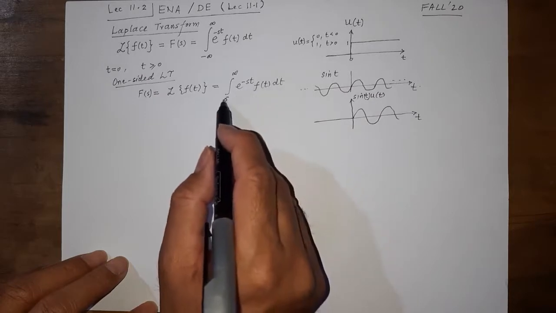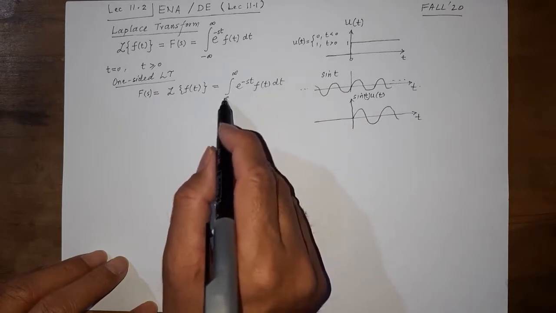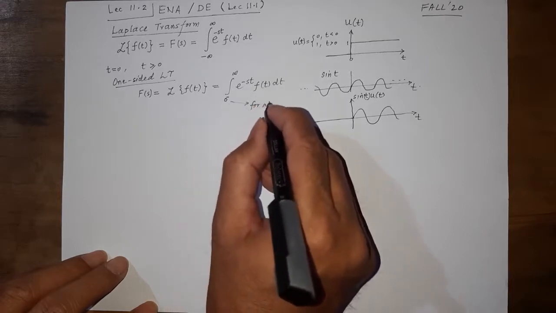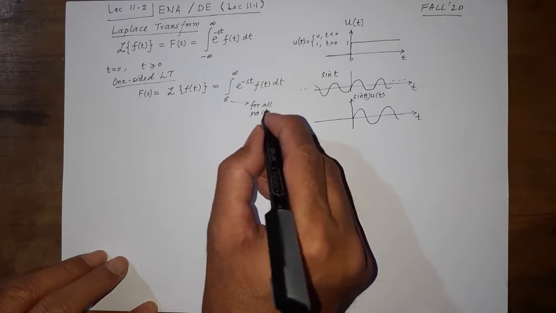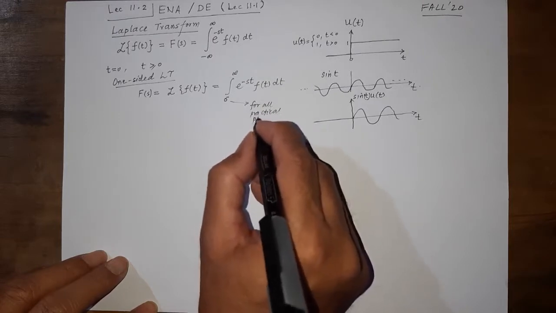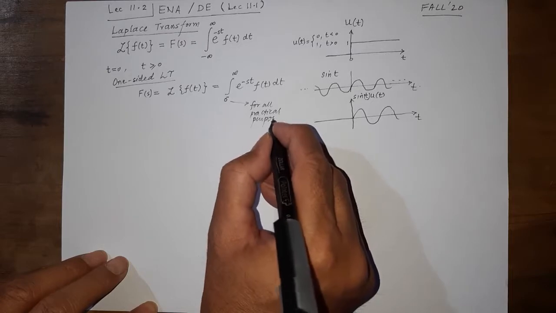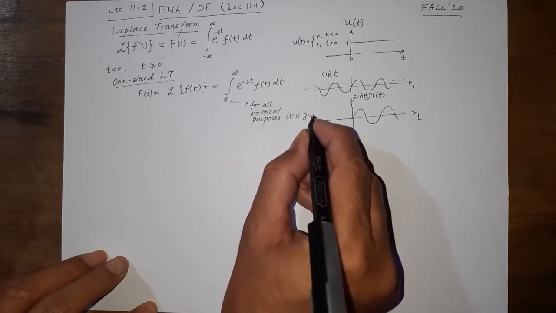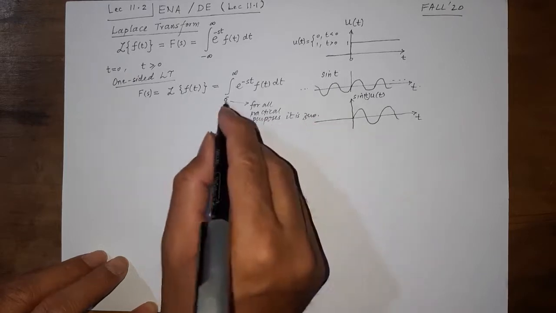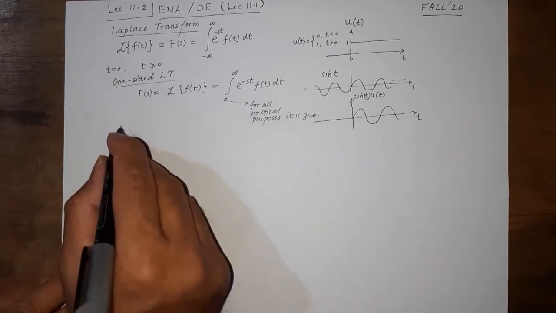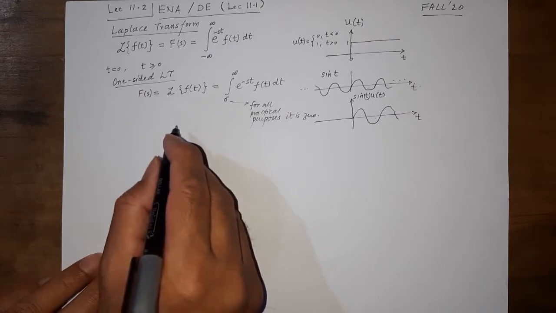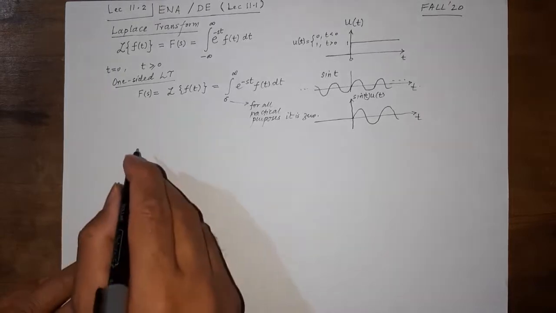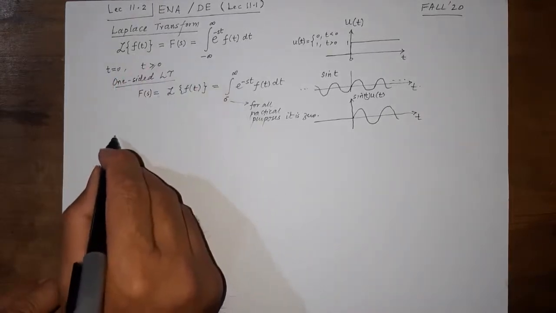But remember that whether we write this as 0 minus or 0, for all practical purposes it is 0. We will come to that soon. Okay, so this is how the Laplace transform is defined.